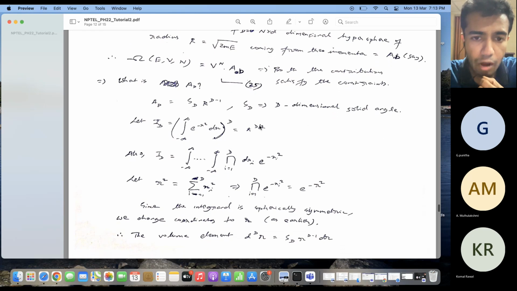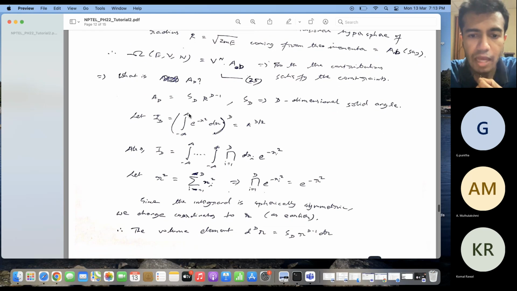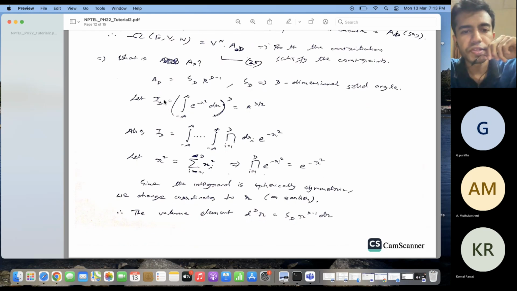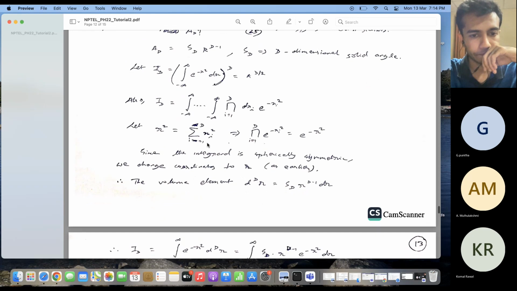Okay, now how do I calculate S_d? I use Gaussian integrals to do this. So what is the trick? Let's define an integral I_d as a product of d such Gaussian integrals, and this is equal to pi to the power d by 2. If I rearrange this quantity, I can write I_d in this form, that is the product over i going from 1 to d of the integral dx_i e to the power minus x_i square, and there are d integrals here.